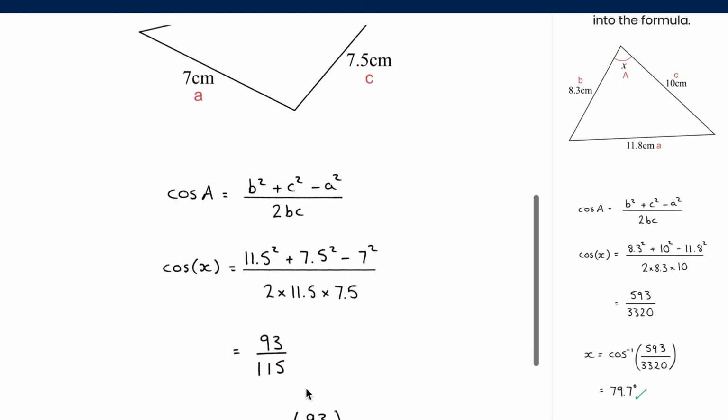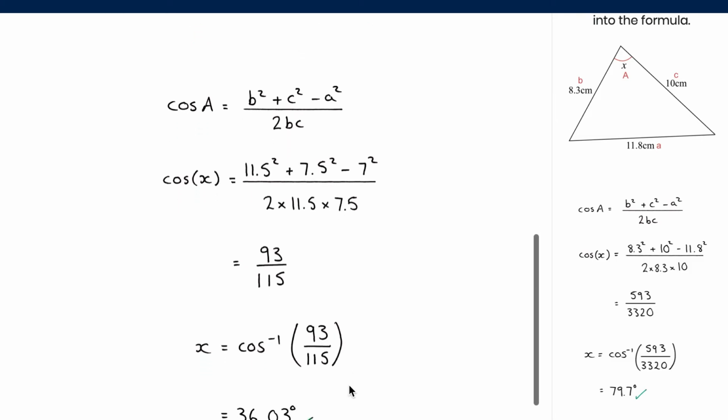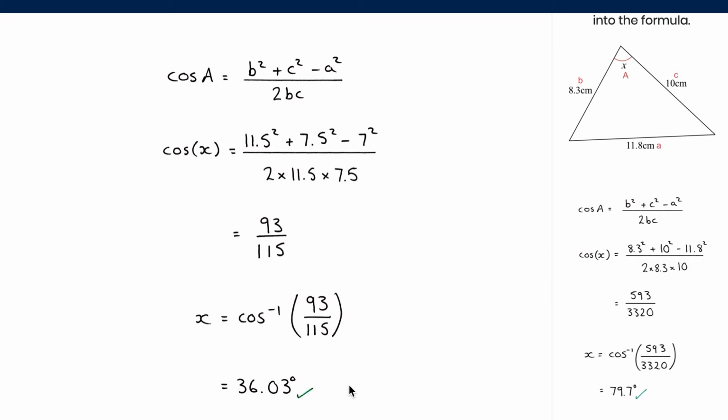So finally, to find the missing angle x, we do x equals cos to the minus 1 of 93 over 115 to get an angle of 36.03 degrees, correct to 2 decimal places.